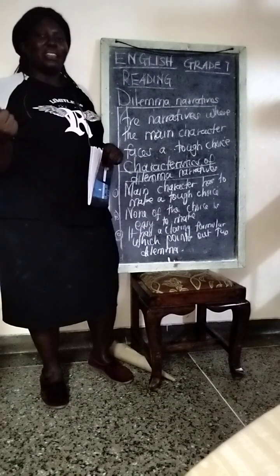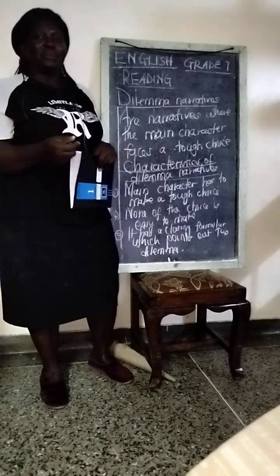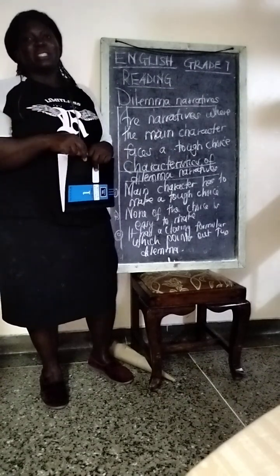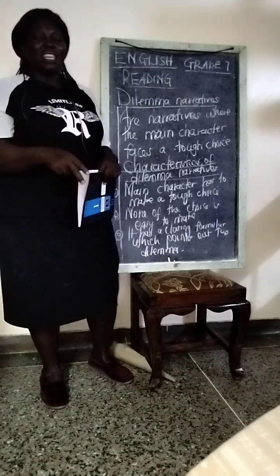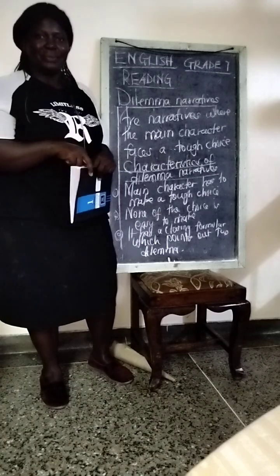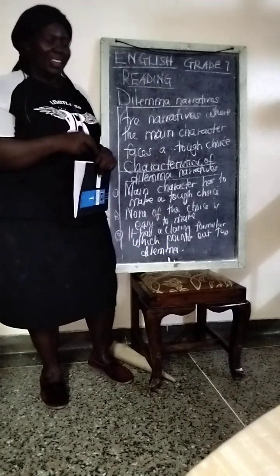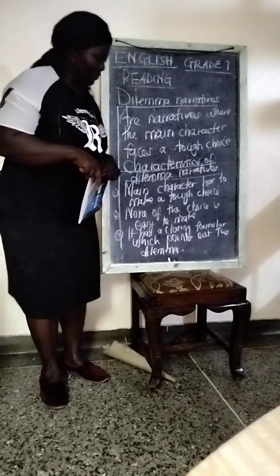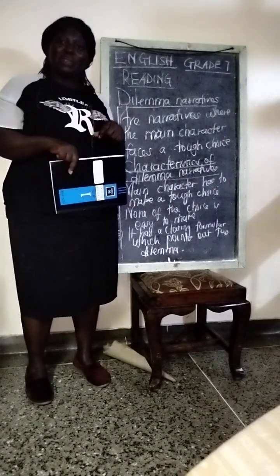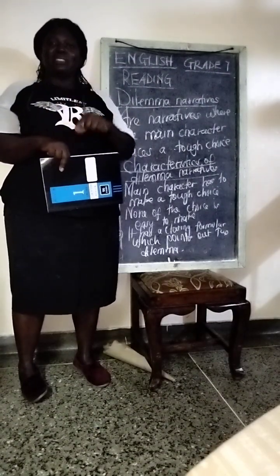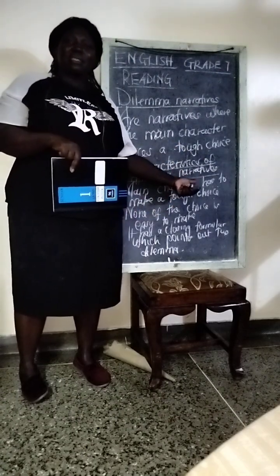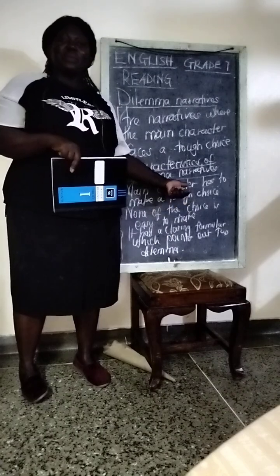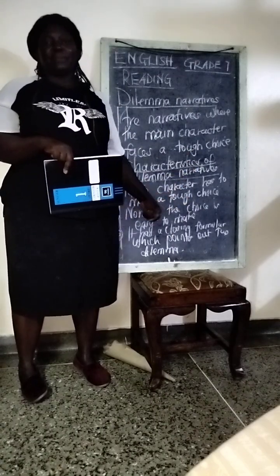Closing formula, on the other end, for example: that is the end of my story, or someone can say end of the story. I guess you have taken note of the same. But the closing formula of dilemma narratives is different because that statement in the last sentence points out the dilemma.